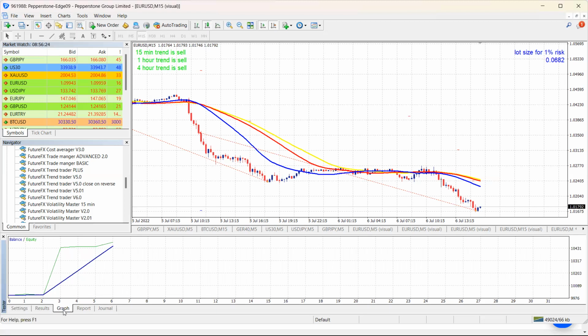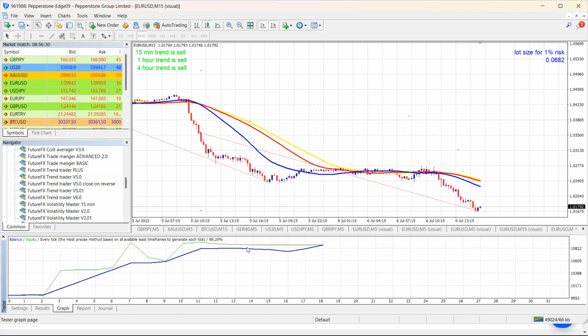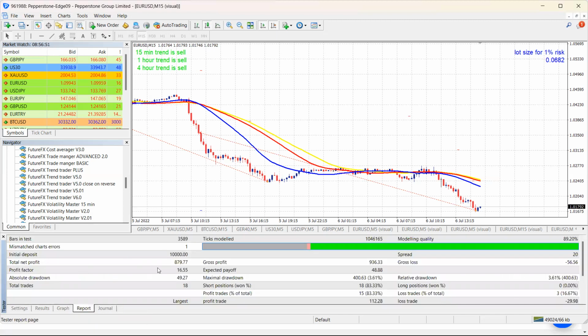So the old version took out 2 trades. The new version on the same time frame, 15-minute, took out 4 trades. And now the new version on the 5-minute, you can see that there's a lot more trades involved there. Took out 18 trades.